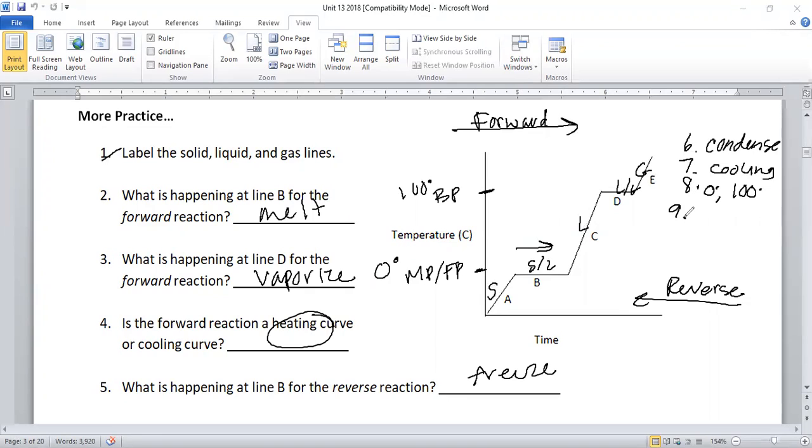All right, number 9. At which 2 lines is the temperature remaining the same? B and D. And then why is there no temperature change even though heat is being added to the substance? The energy is used to weaken intermolecular forces.